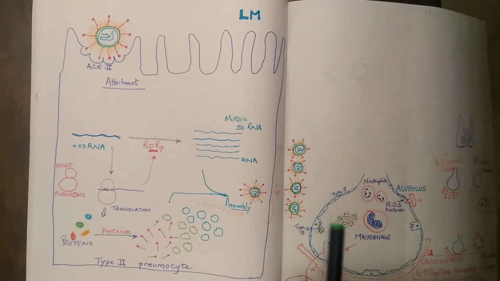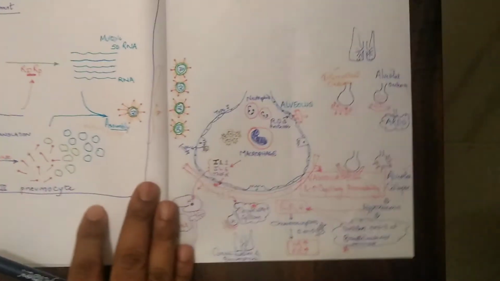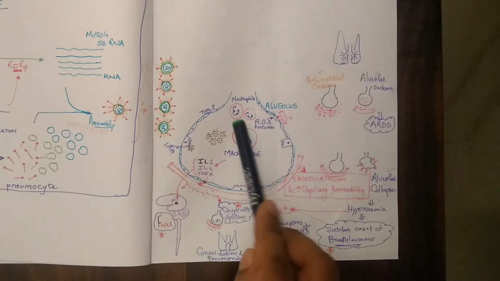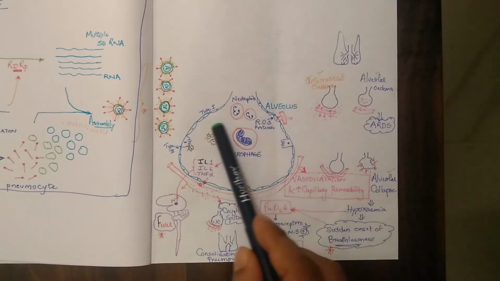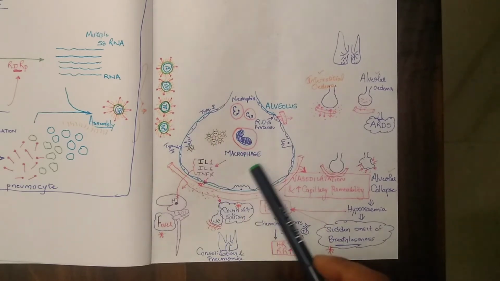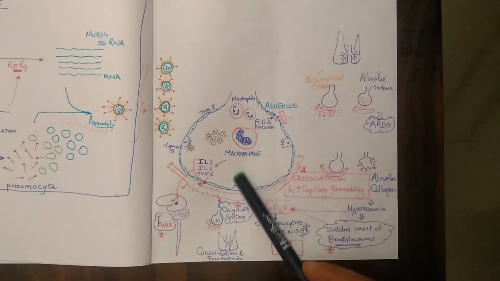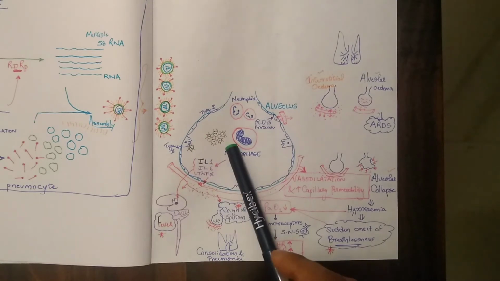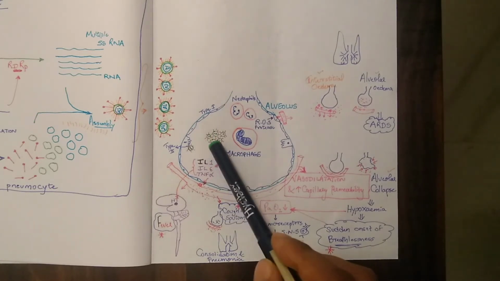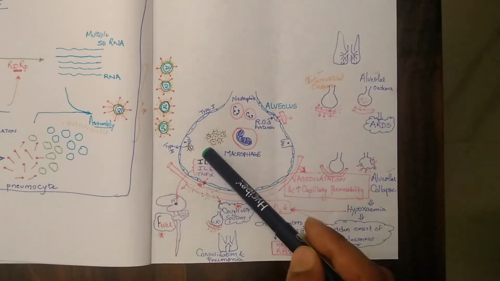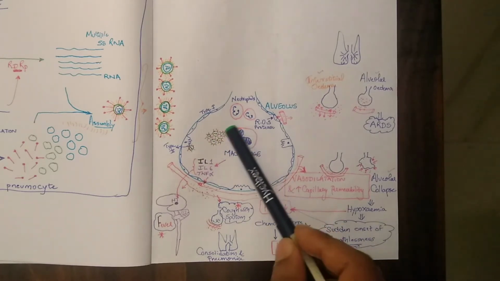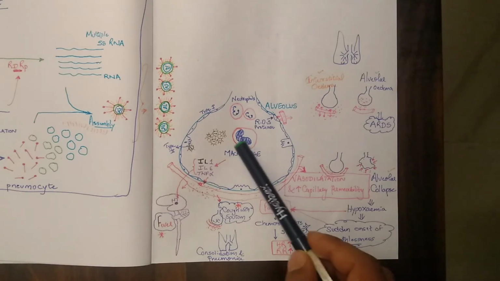Once it comes out of the cell, now it's an interesting part. It will fill up the alveolus. These viral particles filling up the alveolus will irritate the mucous membrane to induce cough. Subsequently, because of the infective process, the first line of defense, the macrophage, comes into play.